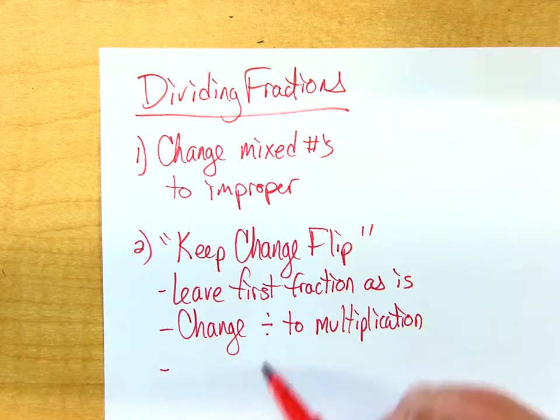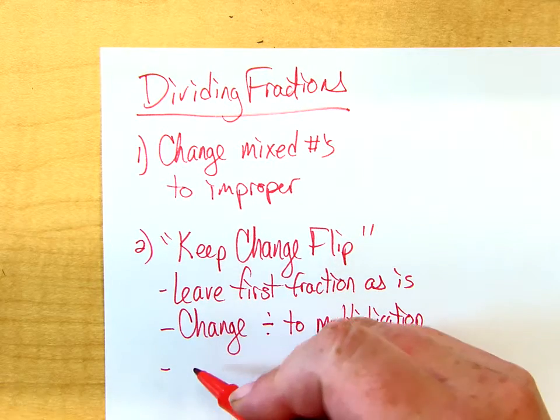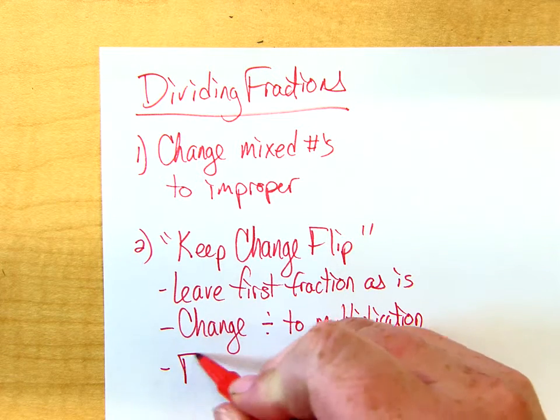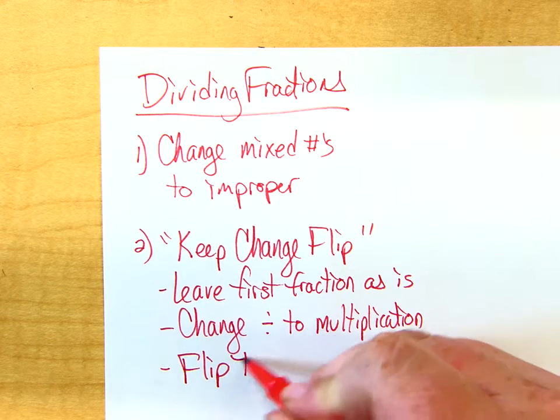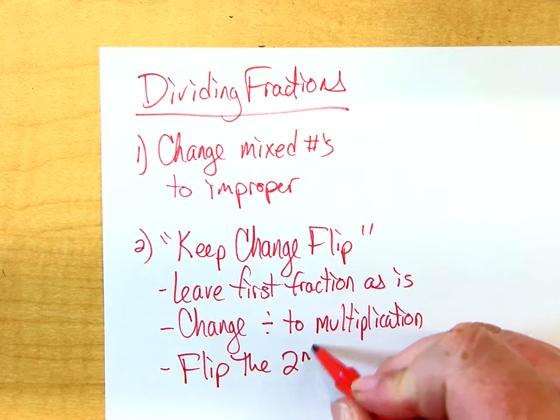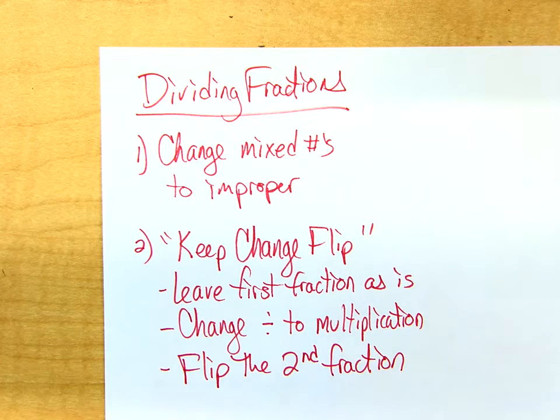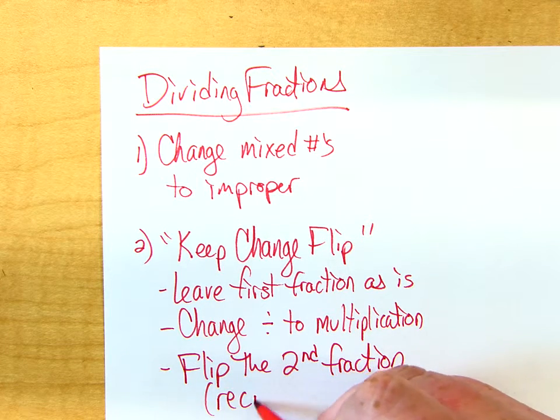your last fraction is the one that gets flipped. By the way, we have a fancy vocab word when you flip a fraction over. Reciprocal, yes. So flip the second fraction, reciprocal.